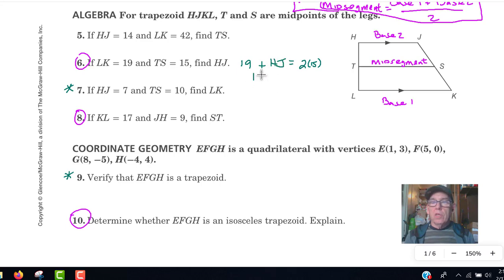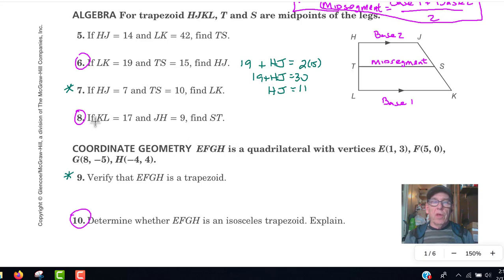So 19 plus HJ is 30. Take 19 away from both sides. HJ must be 11. If you check, 19 and 11 adds up to 30, divided by 2, you get the mid-segment length.